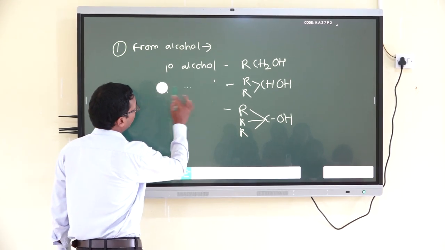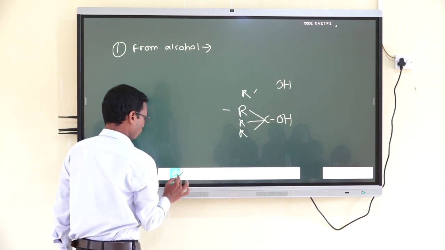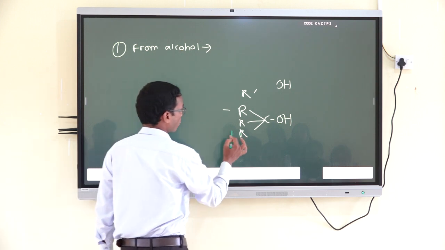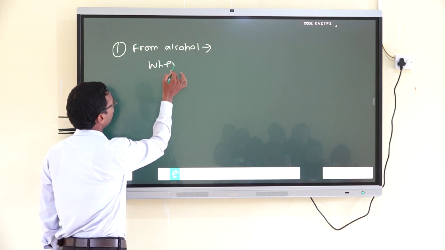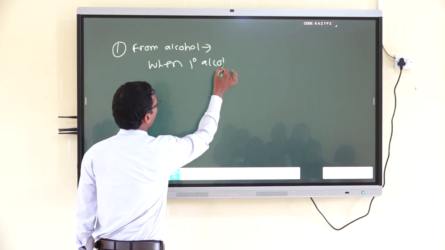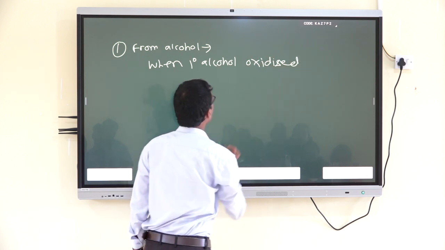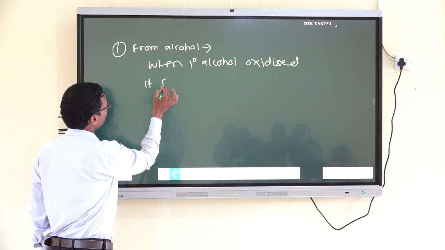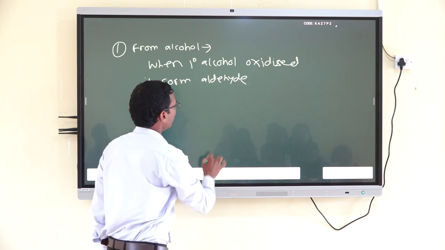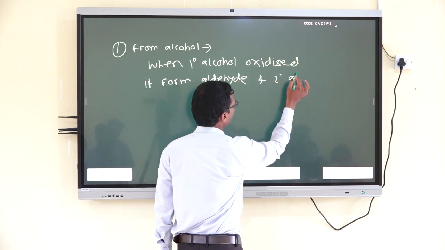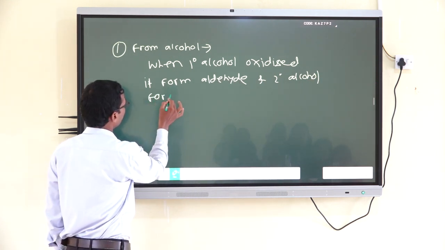When primary alcohol is oxidized, it forms aldehyde, and secondary alcohol forms ketone.